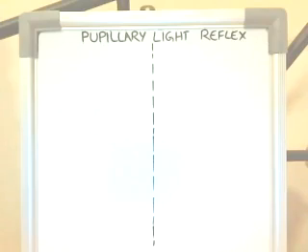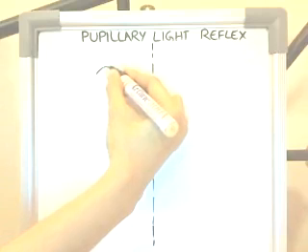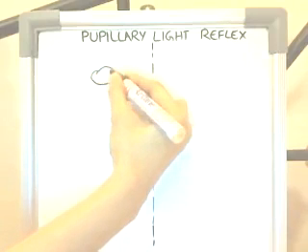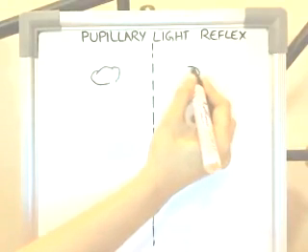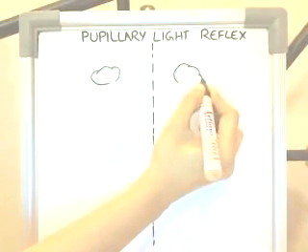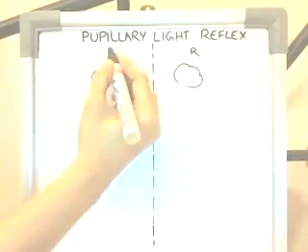So let us start with the two eyes, the right and the left side eye. These are the eyes, and this is the right side and this is the left side.